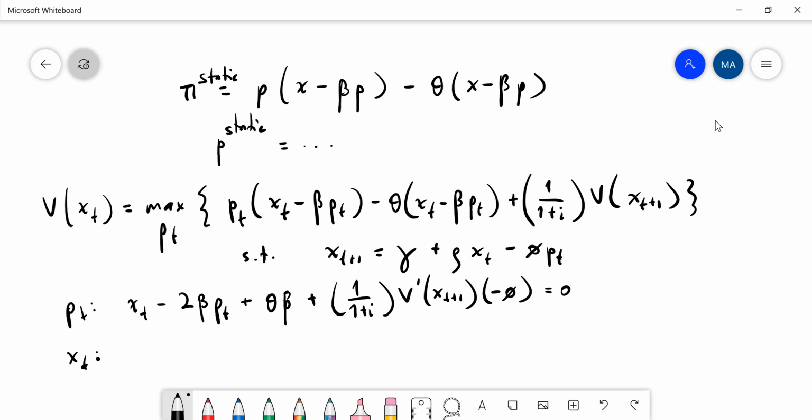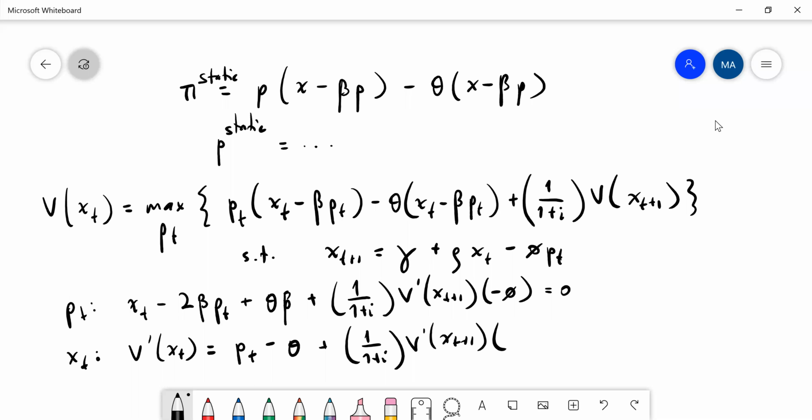Now, suppose that price is positive. Then you also have the envelope condition. In the envelope condition, you have what? Price here minus the marginal cost, right? Then 1 over 1 plus I v prime xt plus 1. Then you are taking derivative with respect to x, it is equal to rho, right?